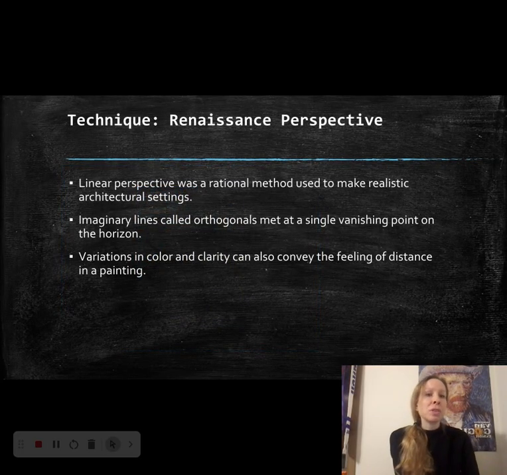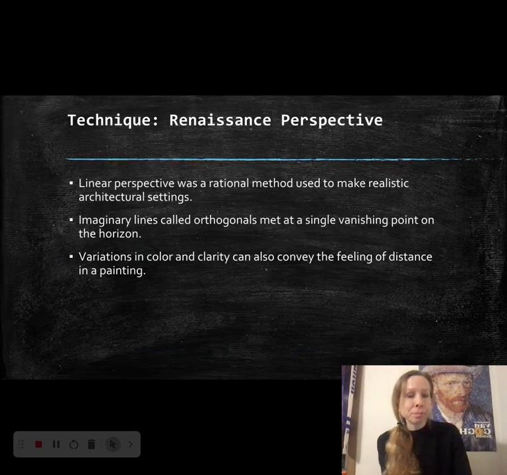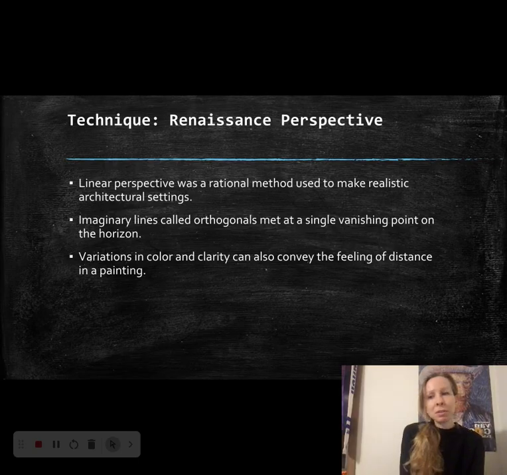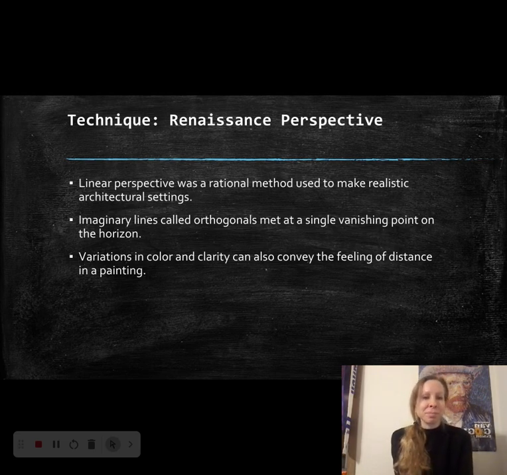Okay, so the Renaissance perspective. Many of you, if you took art class, may have learned about this at some point. Linear perspective, also known as one-point perspective, is a very rational, very mathematical method to make realistic architectural settings in drawings and paintings.